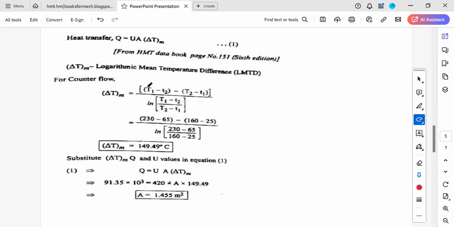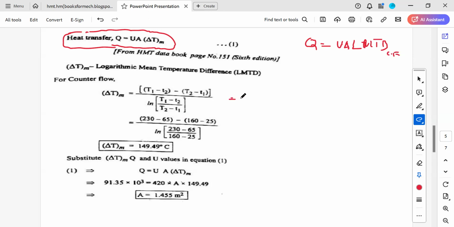In order to find the surface area, the standard formula for the LMTD method is Q equal to U A LMTD, with LMTD of the counterflow heat exchanger. LMTD is a formula you can remember: delta T1 minus delta T2 divided by ln of delta T1 by delta T2.